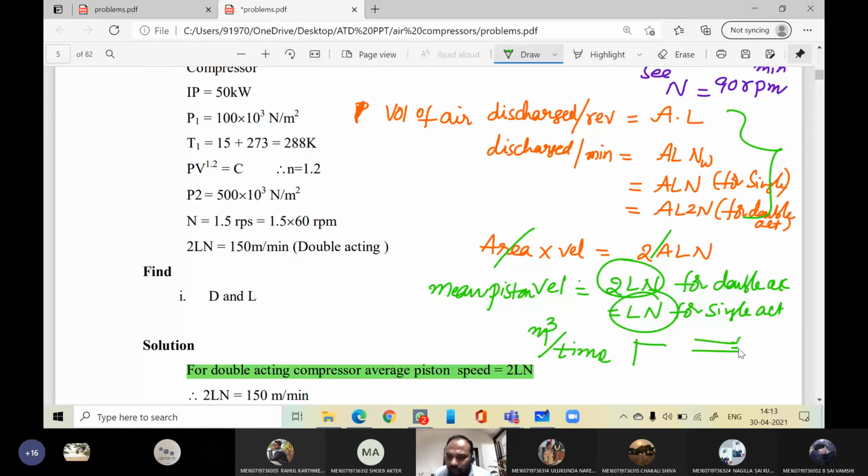Let us take a tap. You open the tap, and in 1 minute, how many liters of water you are getting? That is the discharge of this tap. Here, in case of our air compressor, per minute how much volume of air we are getting is the discharge. Discharge is area multiplied by the velocity.